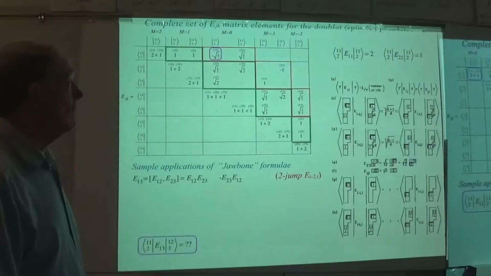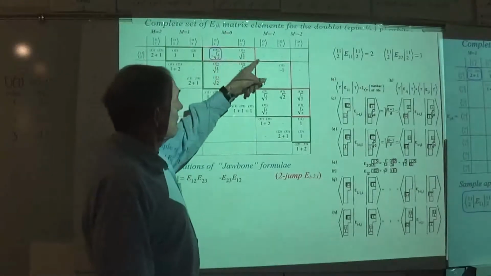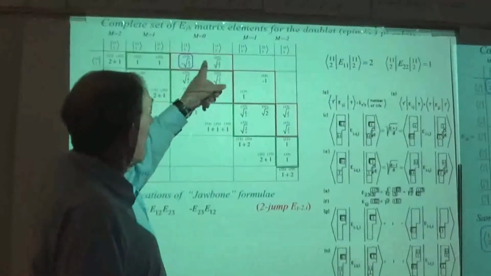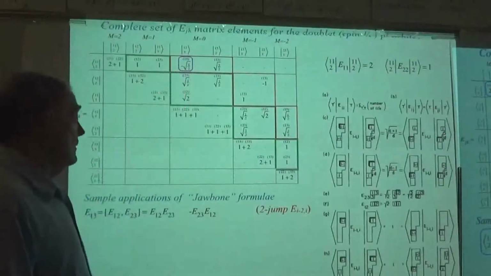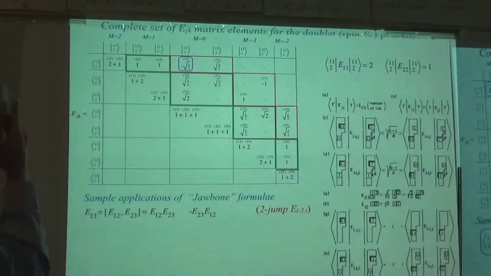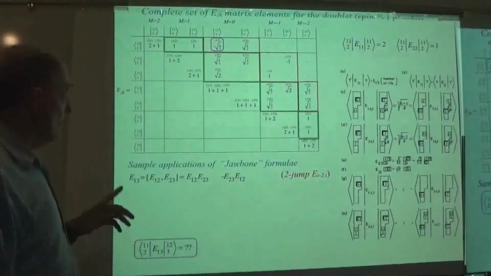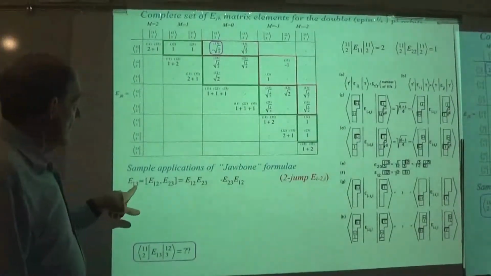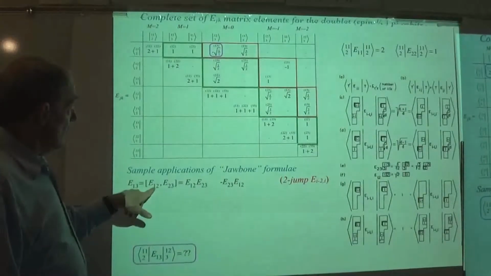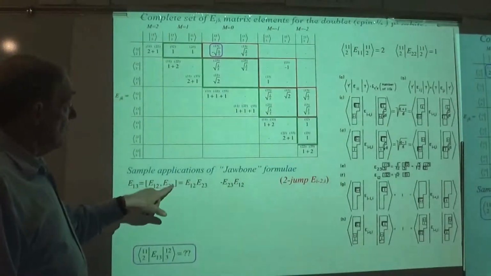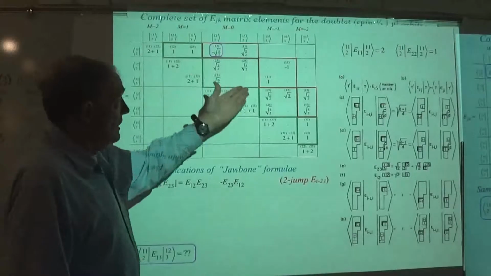So now we've got to get the guys in the red region here. Let's start off with that one. Here's destroy a 3, create a 1. That's a jump of 2. So I've got to convert this guy to operators that only jump by 1, which I've already worked out.